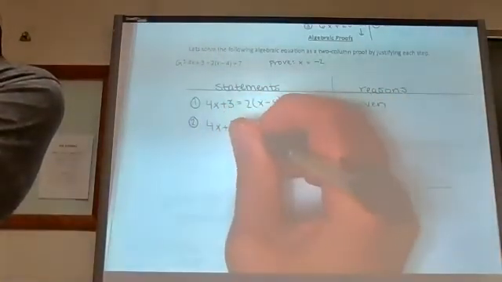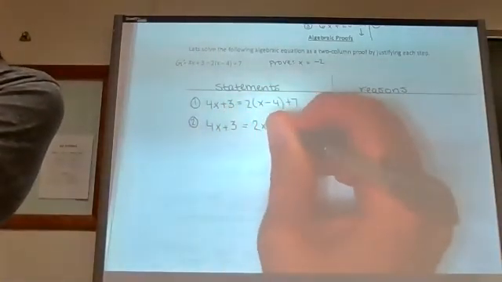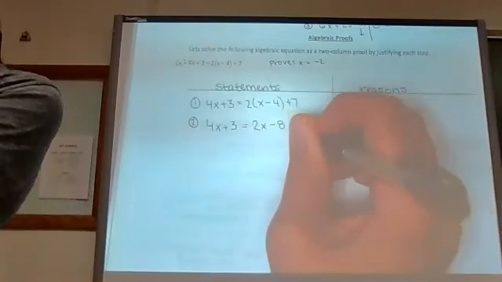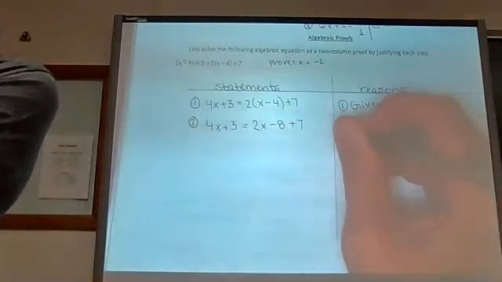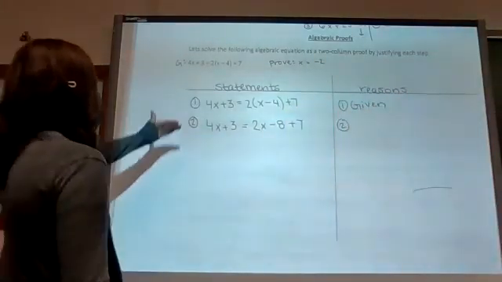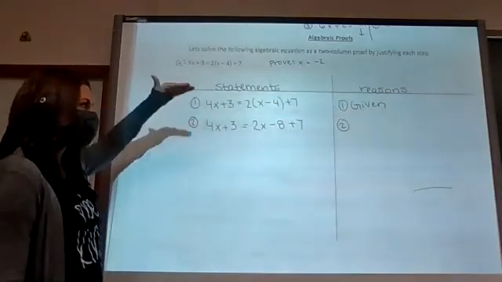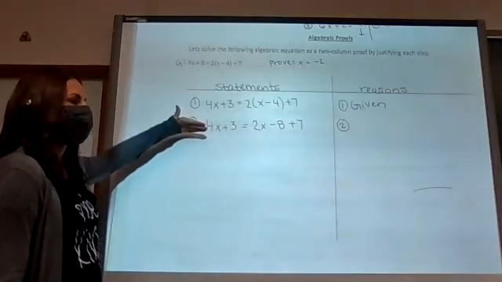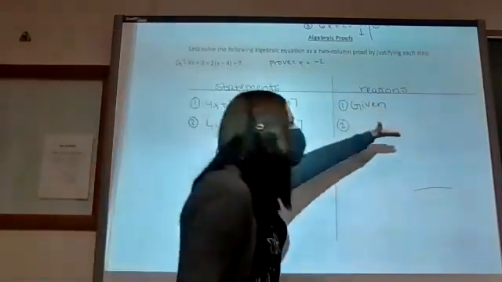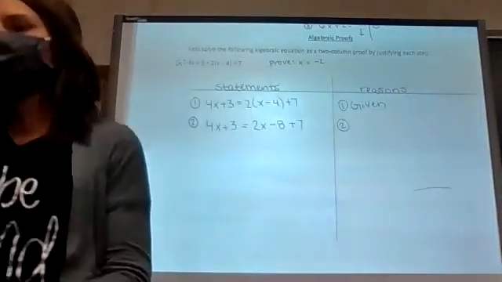4x plus 3 equals 2x minus 8 plus 7. I had this. From that, I'm stating that this is also true because of the distributive property.